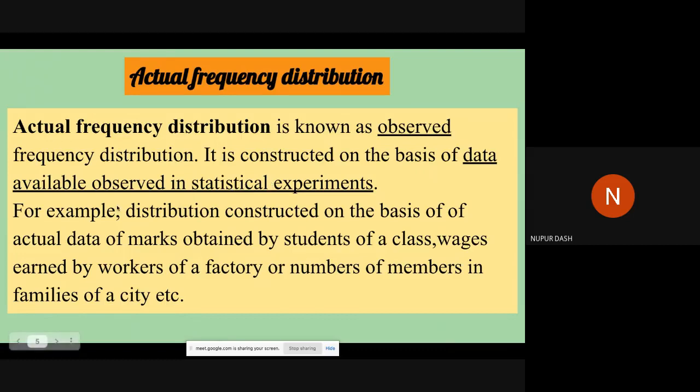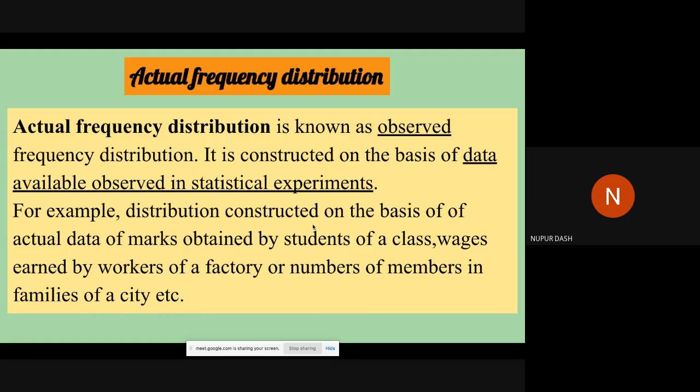For example, we will take a basic example: you are in a class and you have given a test. So every student has obtained some marks. Now, a distribution constructed on the basis of the actual data of marks obtained by the students of a class would be an actual frequency distribution.